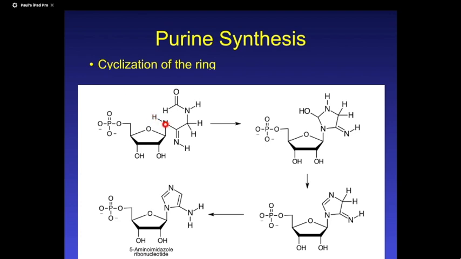This nitrogen is now connected to a carbon right here that must convert into a hydroxide. The only carbon that can convert into a hydroxide is this one right there. So I take this, attack that, and I pick up a proton. All right.